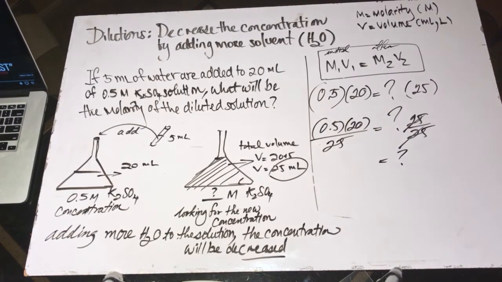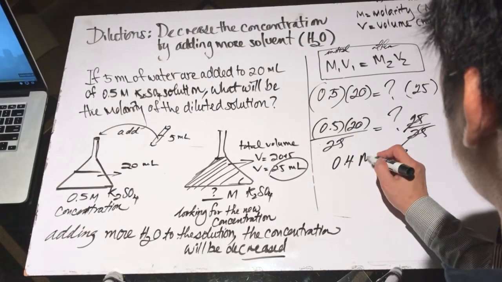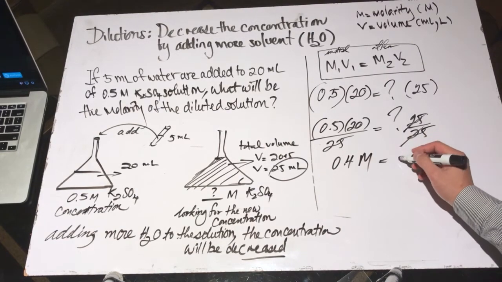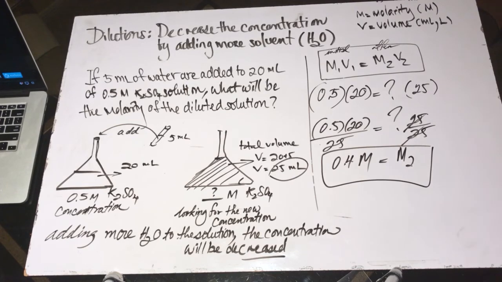From the calculations, 0.5 times 20 divided by 25 is 0.4 molarity. So your new concentration would be 0.4 molarity.